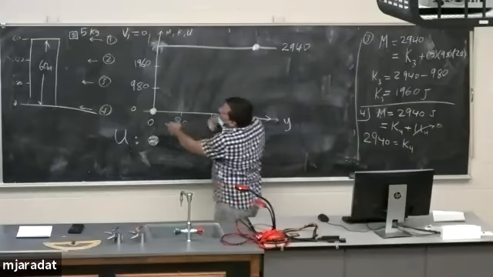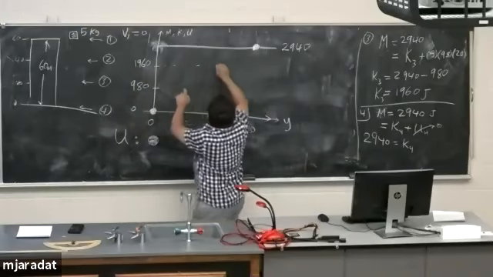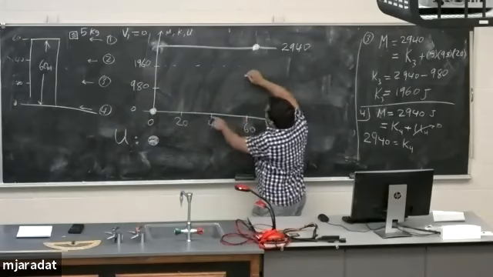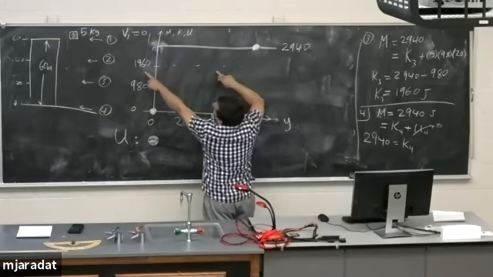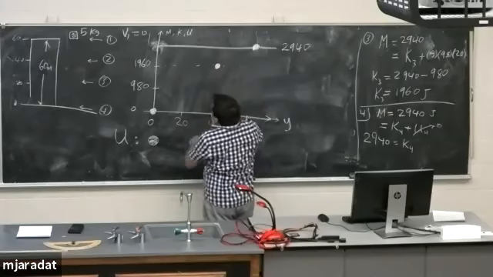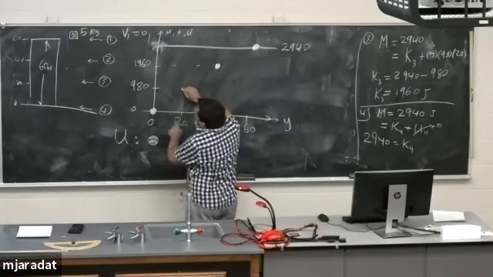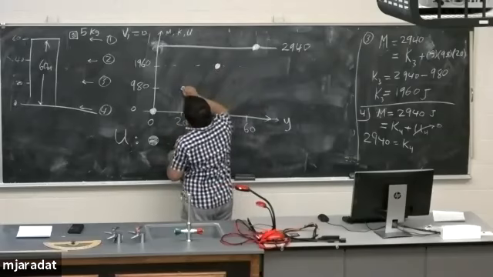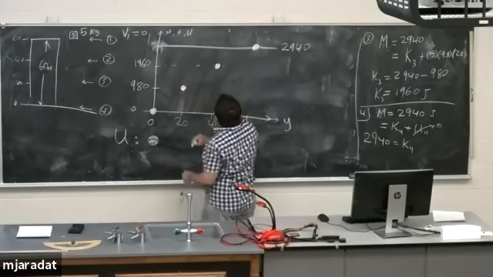At y equal 40, the potential energy is equal to 1,960 at this point. At 20 meters, the potential energy is equal to 980.